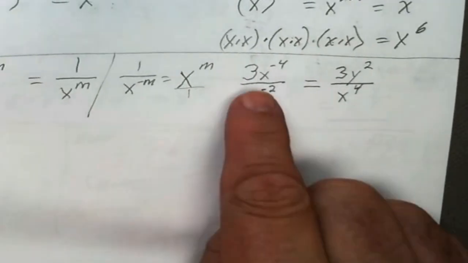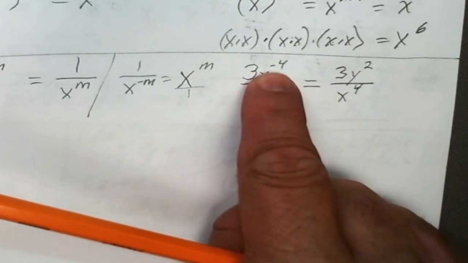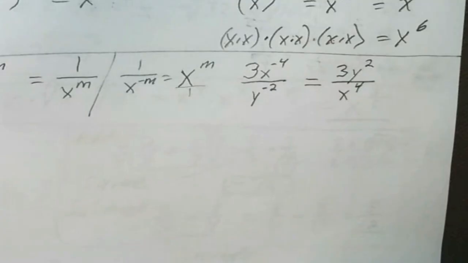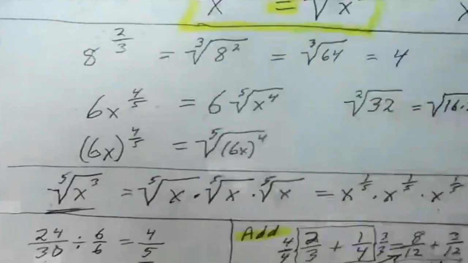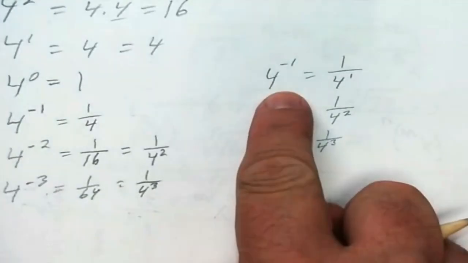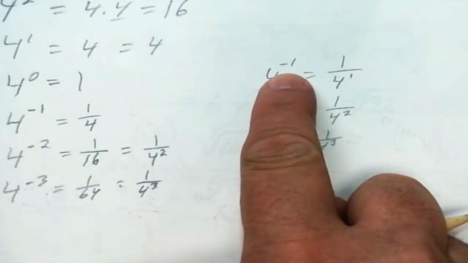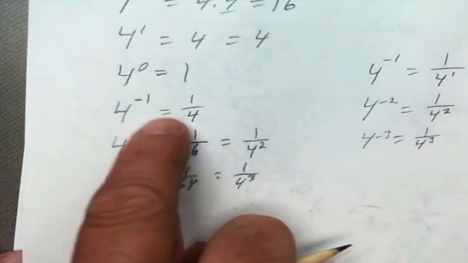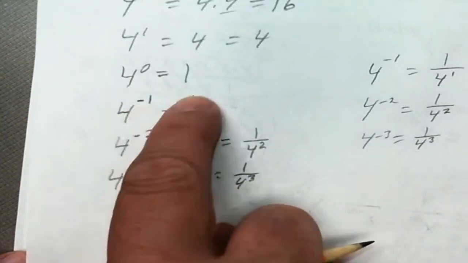Anytime you have a negative exponent, you simplify it by moving it into the numerator or denominator and making it a positive. And we see that works right here. If it's a negative, we can move it into the denominator and it becomes a positive. Because 4 to the negative 1 power is 1 over 4.